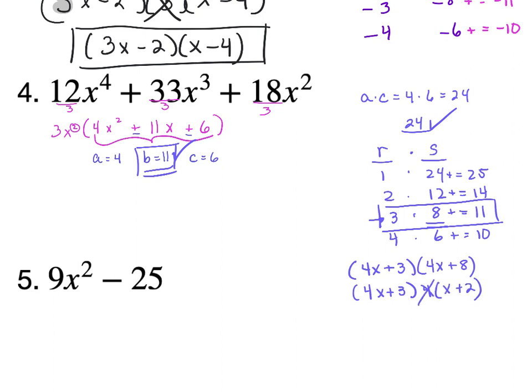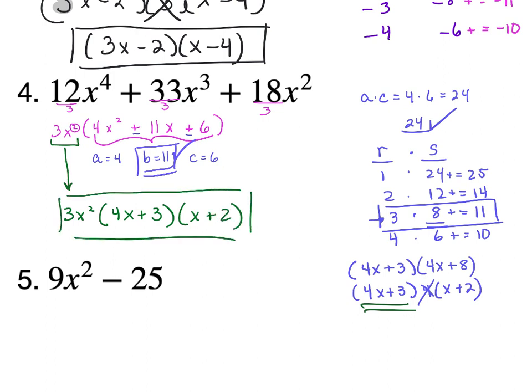I cross out the GCF. Here's my final factorization. You have to remember we pulled out this GCF first. It's still part of our problem. Then our factors that we just found, the 4x plus 3, that's way over here, and the x plus 2. And we are done.